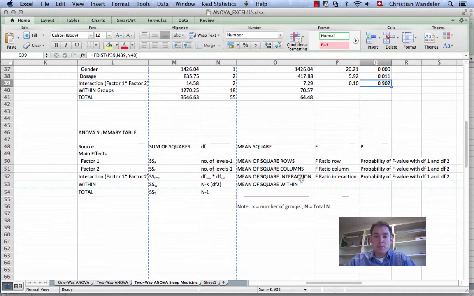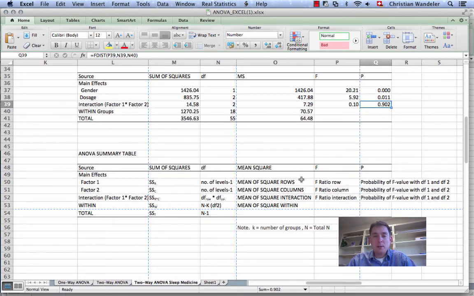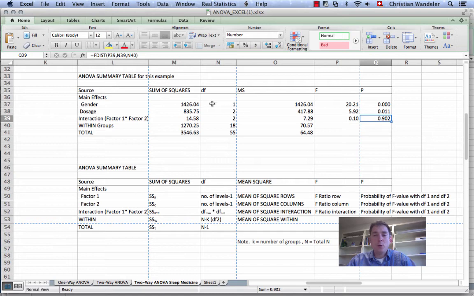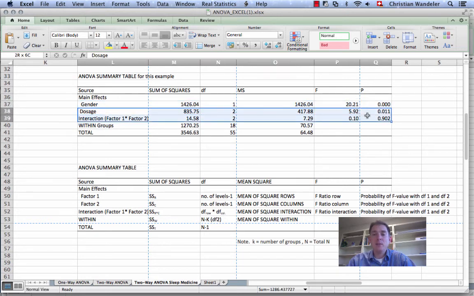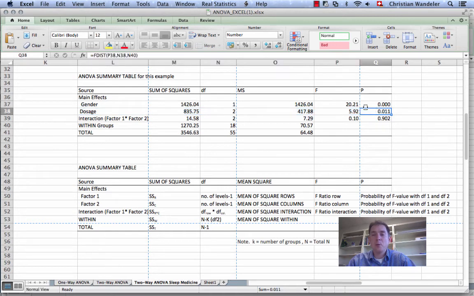Alright, so this would be the two-way ANOVA, and what we could conclude from these results is that gender is significant, so there are significant differences in gender, and then also there are significant differences in the dosage. Both of these F ratios are statistically significant because they're below the 0.05 significance level.